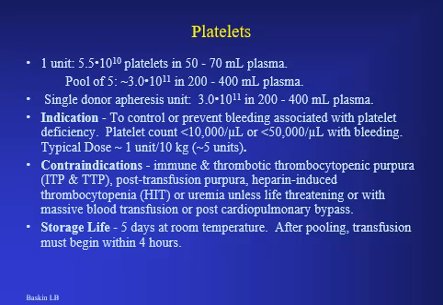I've listed here a number of situations in which they're really not recommended, and in fact could do harm giving platelets in those situations. Now, they have to be stored at room temperature, and thus their storage life is only 5 days because of the risk of bacterial contamination. And after pooling occurs, and so the units have been entered, transfusion has to begin within 4 hours.